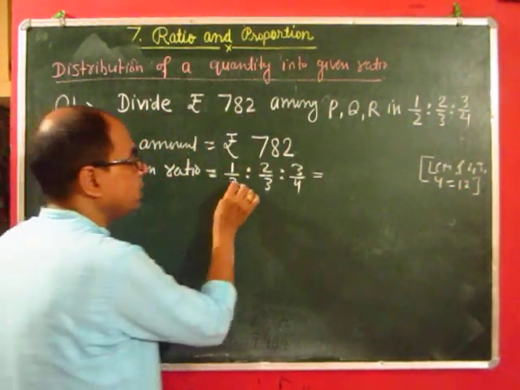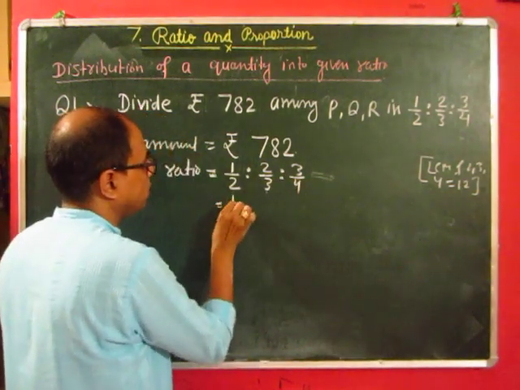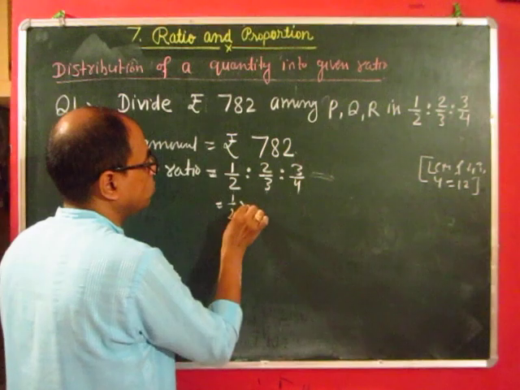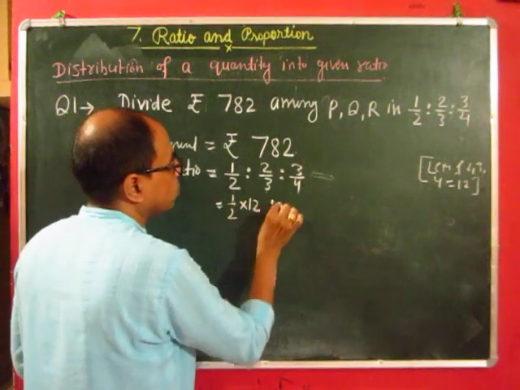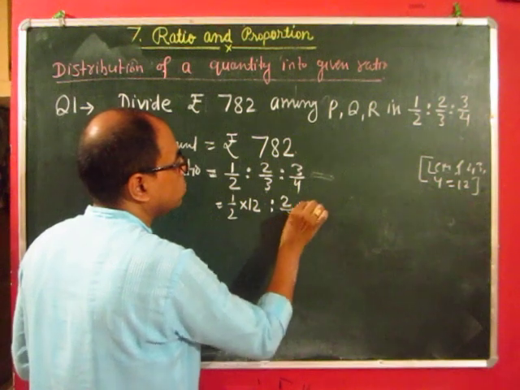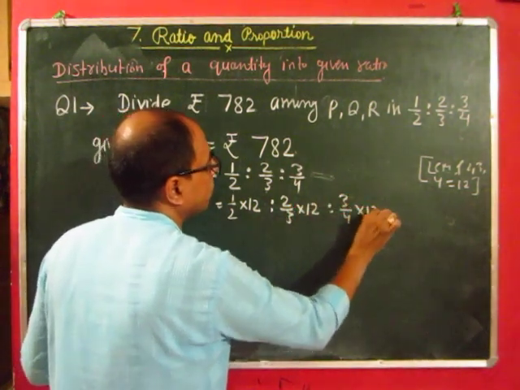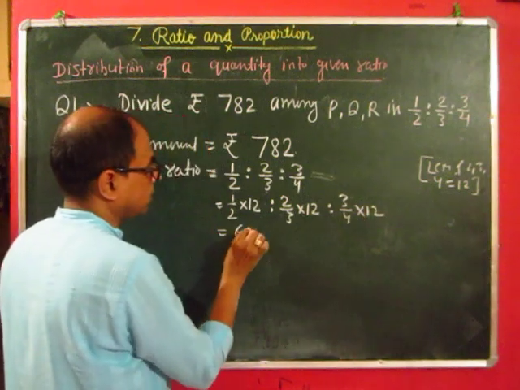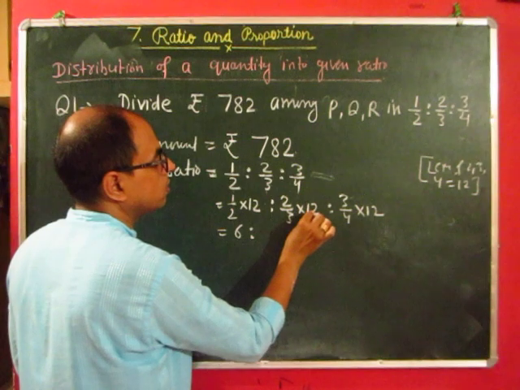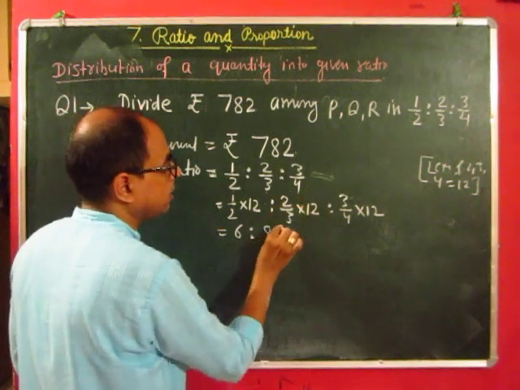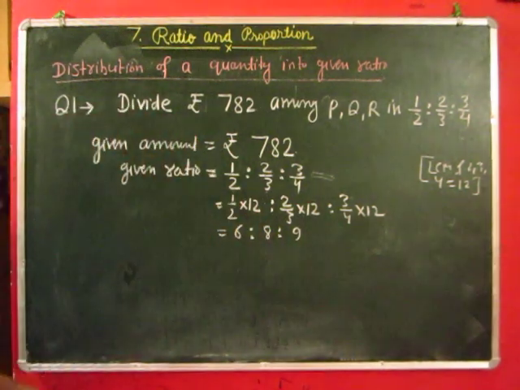So multiply each term by 12. 1/2 into 12 is 6. 2/3 into 12 is 8. 3/4 into 12 is 9. So the ratio is 6 is to 8 is to 9. This is the given ratio in whole numbers.